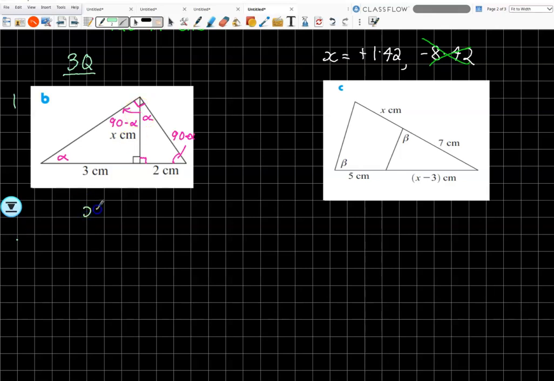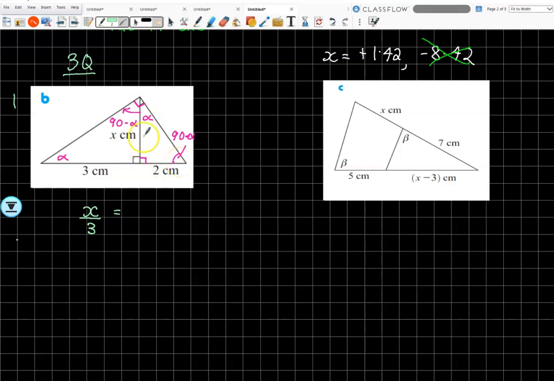So I'm going to go x over 3. And this is where it's really important that you find the matching sides. So this x here on the medium-sized triangle is opposite 90 minus alpha. Do you agree? So what's its buddy on the right-hand side? Yeah, opposite 90 minus alpha.